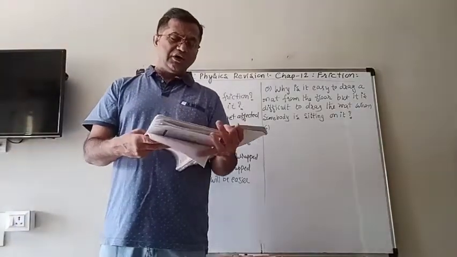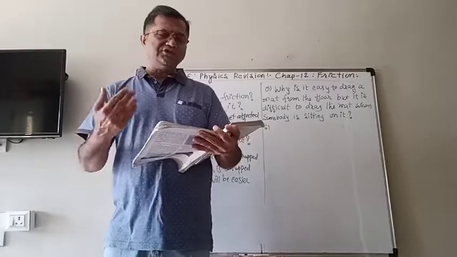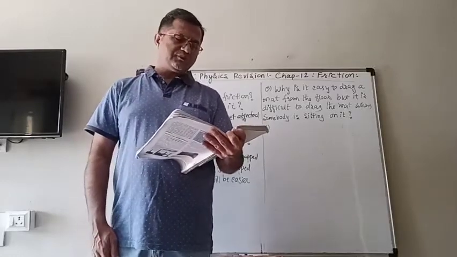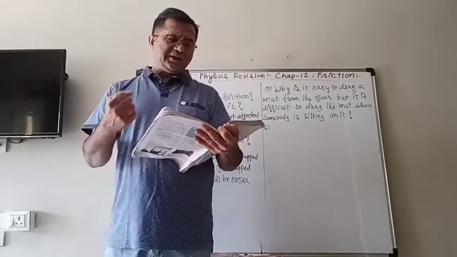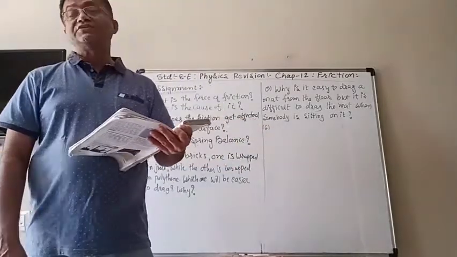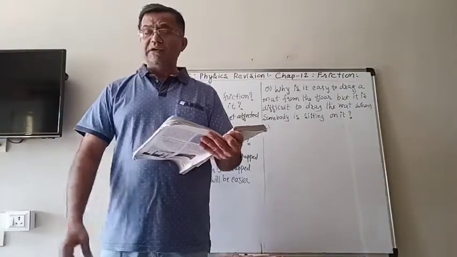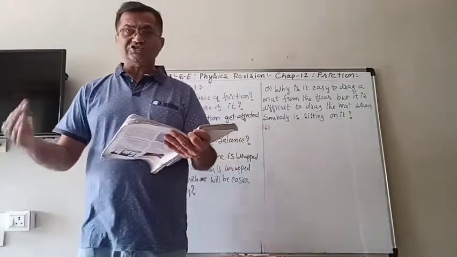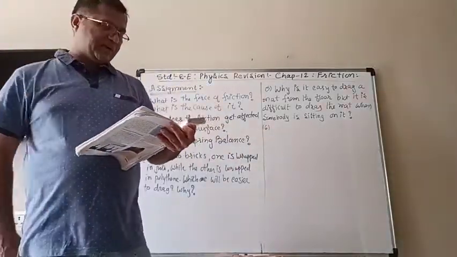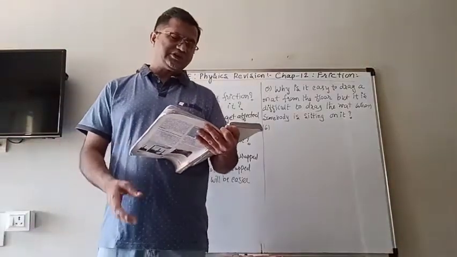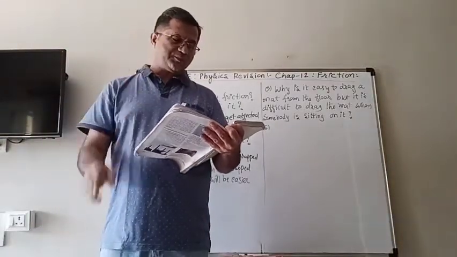Therefore it always opposes the motion, and the speed becomes less. And therefore the rolling ball on the floor also slows down. By applying the brakes, the vehicles slow down, and then finally they stop.